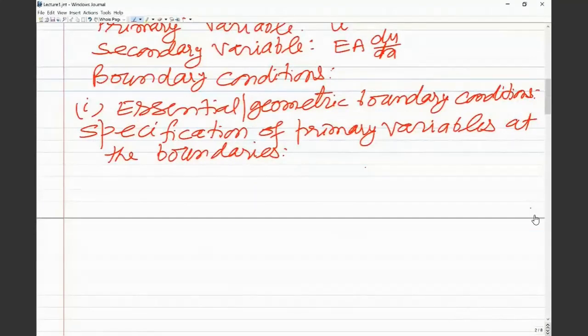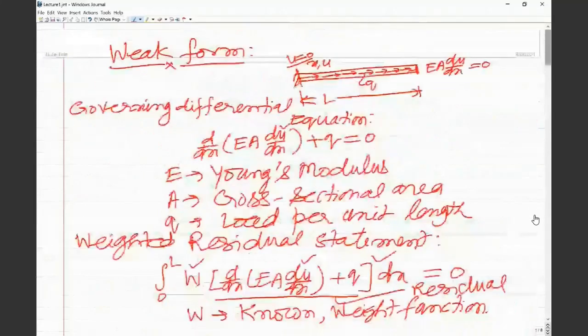Now, for the given problem, we have one boundary condition at x equal to 0, where we are specifying the primary variable.